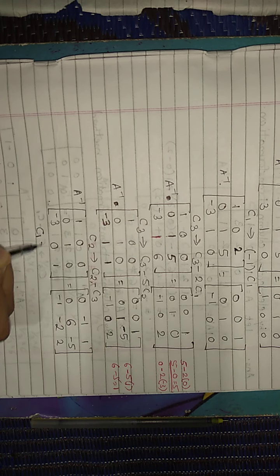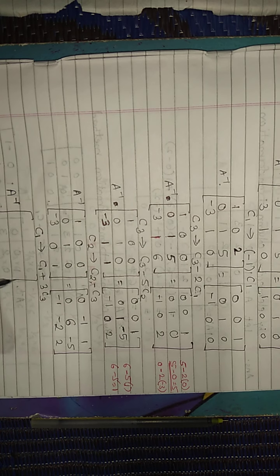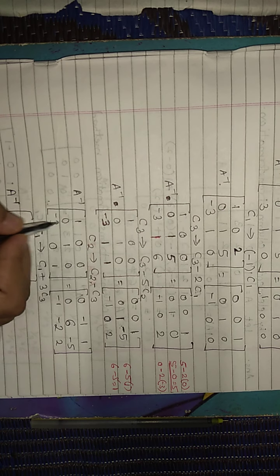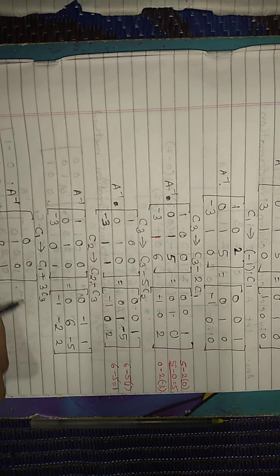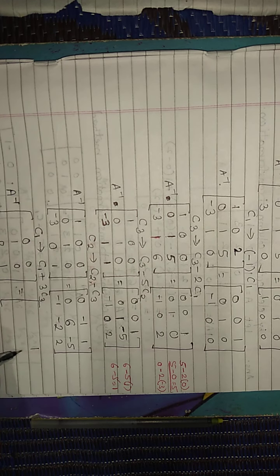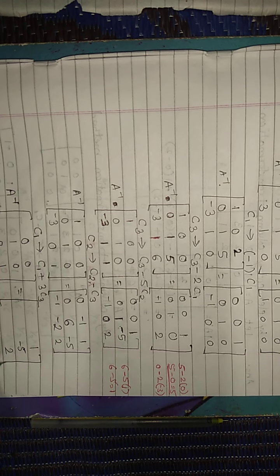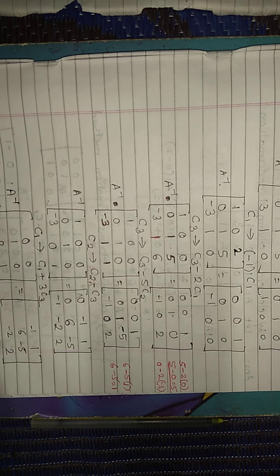We apply C1 changes to C1 plus 3 times of C3, minus 1 into converting row is C1. So we write both the columns as it is, 1 minus 5 2, minus 1 6 minus 2.